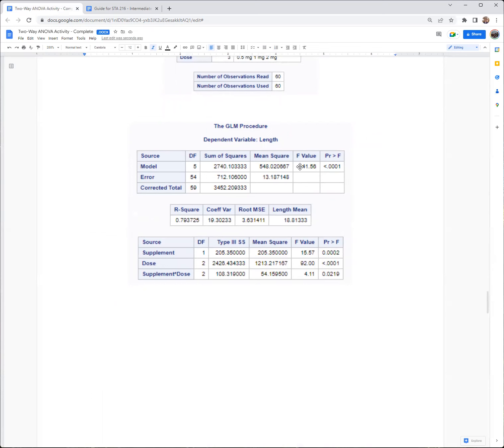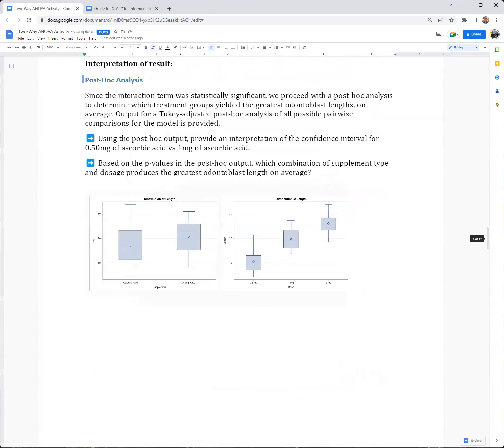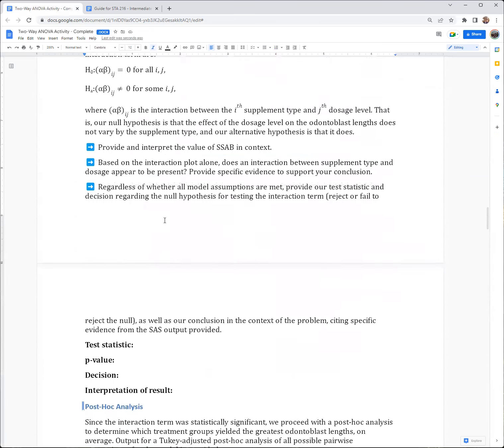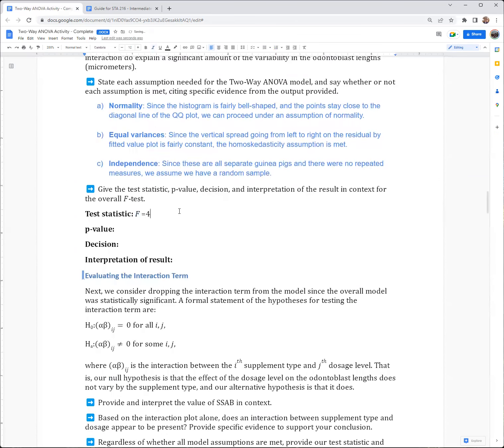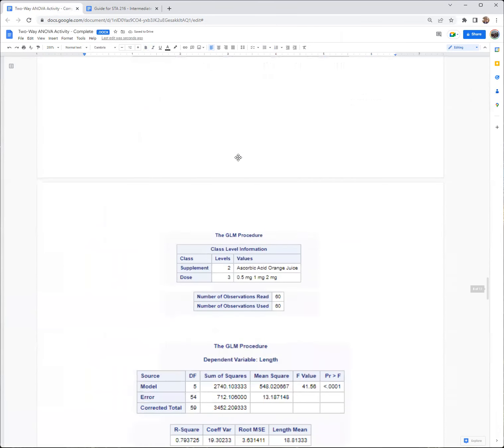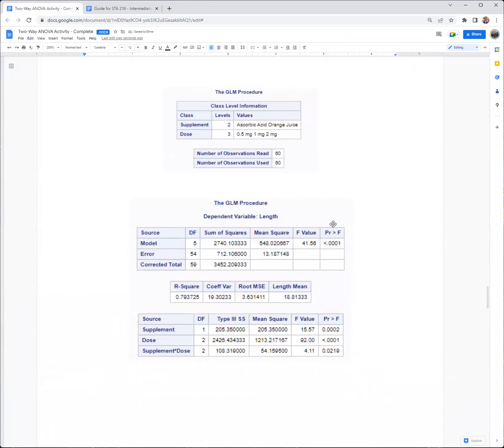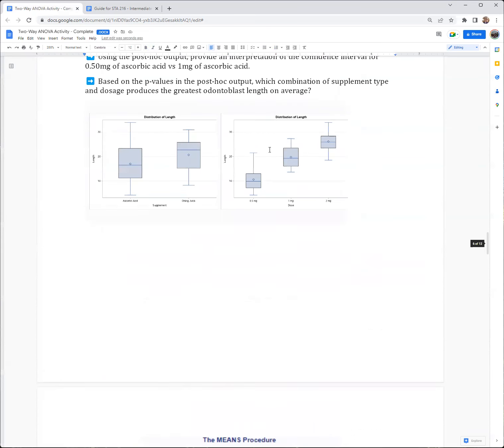Our F test statistic is the F value, 41.56 here. The p-value we also get right next to that number. So that was less than 0.0001.